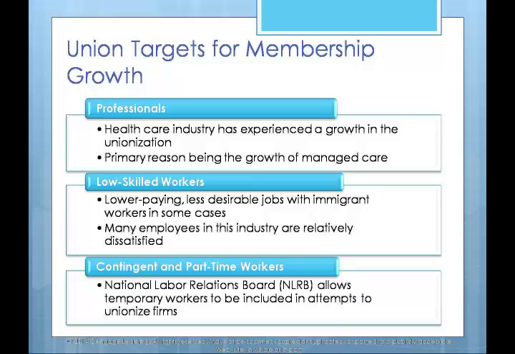Many of the restaurants right now are reducing hours because they don't want to provide benefits for the ACA, aka Obamacare, and so those workers are becoming disgruntled, and they want the minimum wage raised, and it may not happen federally, and therefore they're seeking unionization.